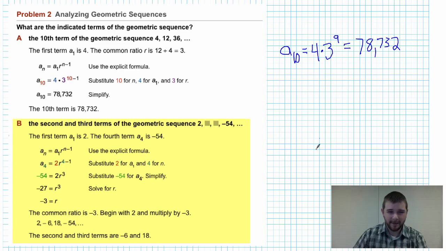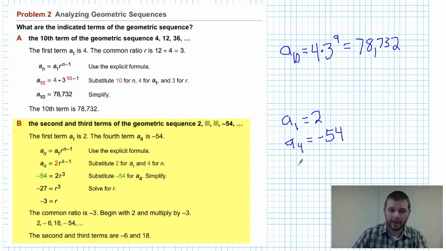So let's use the same explicit formula for our geometric sequence, but this time we will fill in the value r. So we know that a sub 1 equals 2. We also know that a sub 4 equals negative 54.